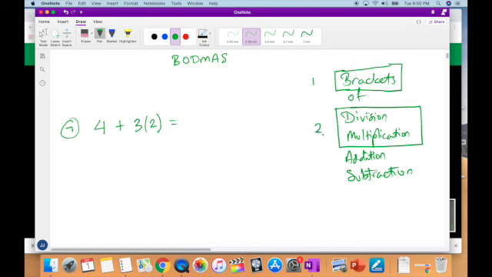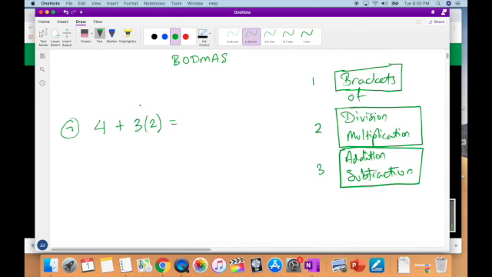So you always do your division or your multiplication second. It really doesn't matter which order you do it in, whether you do the multiplication first or the division. And then the third unit is your addition and subtraction unit. And this is what you do last.